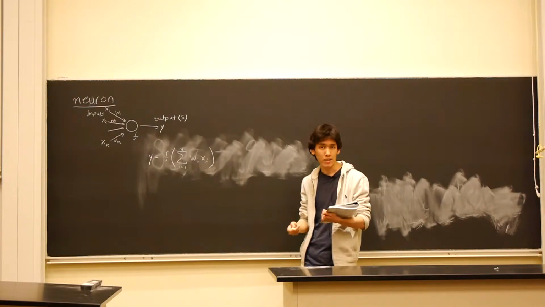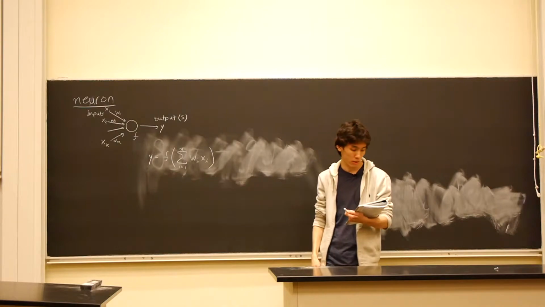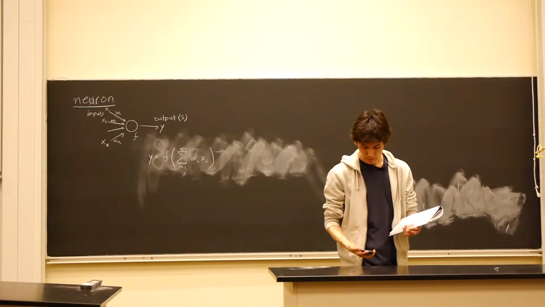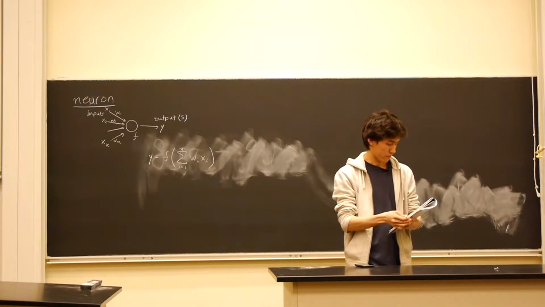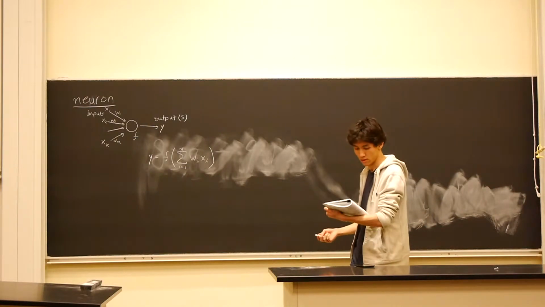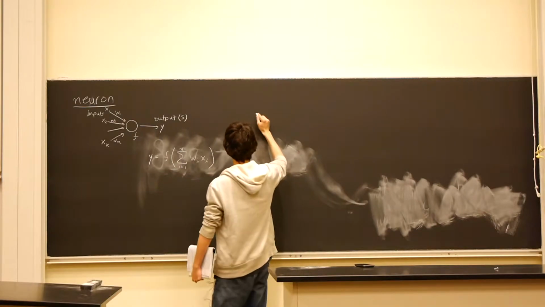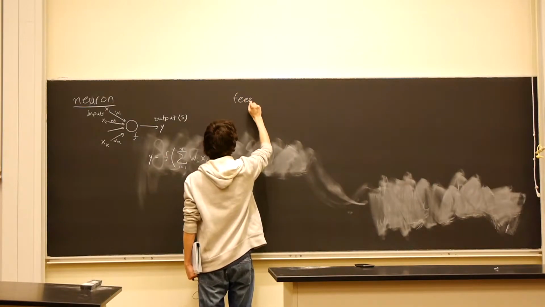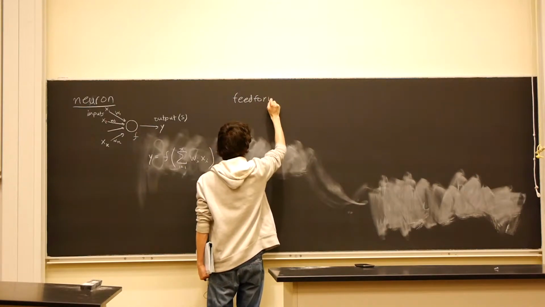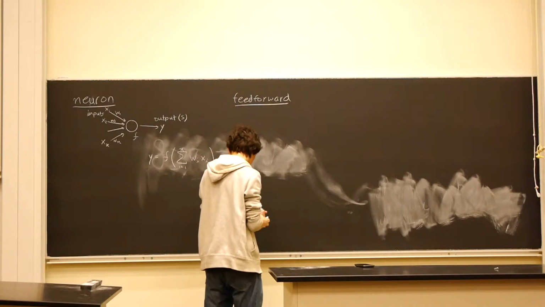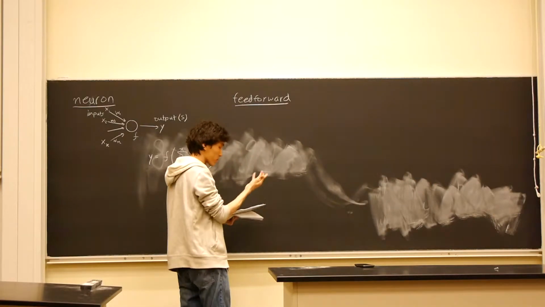So there are lots of different kinds of architectures for neural networks, and I'll just go over a few of them. The most popular, I guess, is called the feed-forward network. And this is exactly what it sounds like.